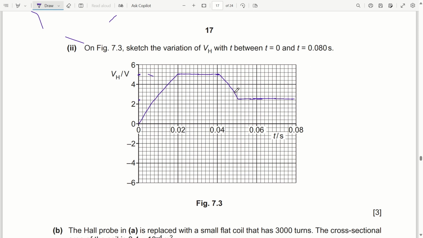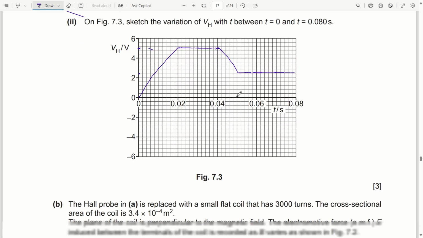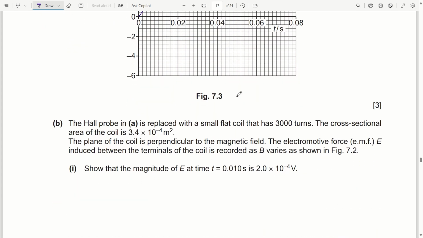B part. The Hall probe in A is replaced with a small flat coil that has 3000 turns. The cross sectional area is given. Number of turns is given, 3000. Cross sectional area is given, that is A is given. The plane of the coil is perpendicular to the magnetic field.